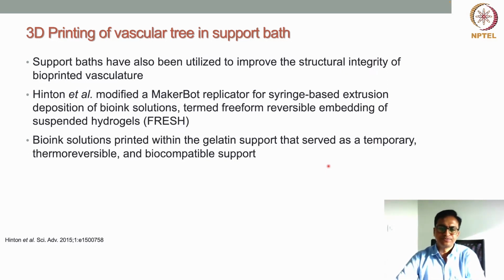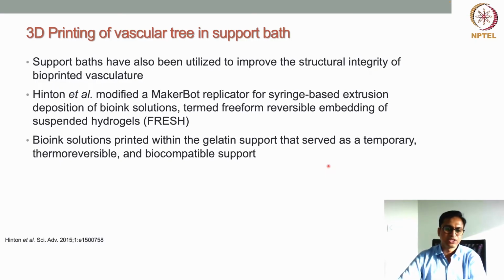The support bath was a gelatin microgel support bath, and the bioink solution was printed within it. That provided temporary support, because gelatin is a thermoreversible material. So during printing, the temperature can be kept below the transition temperature, that is, below around 30 degrees centigrade.